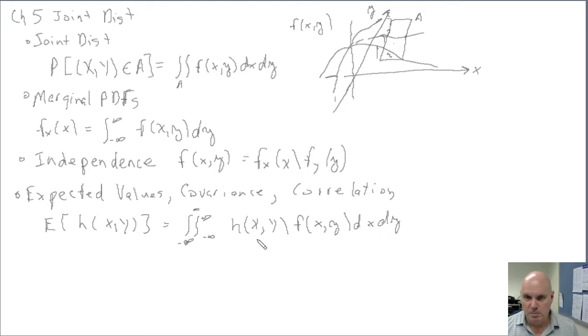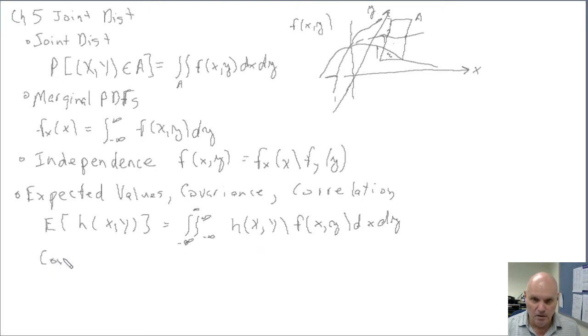So if we wanted just the expected value of x, we would replace this h function with just the variable x. For the expected value of y, we would replace h with just the variable y. If we wanted the expected value of the sum, we would replace h with the sum x plus y, and so on and so forth.